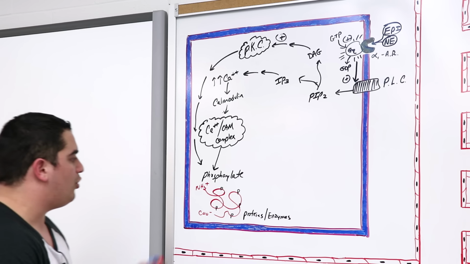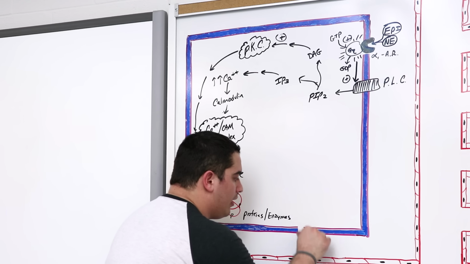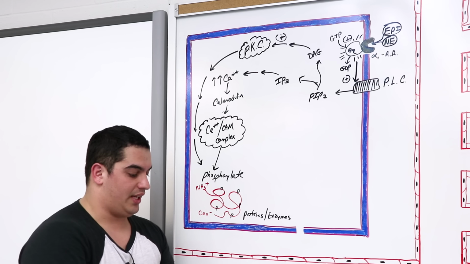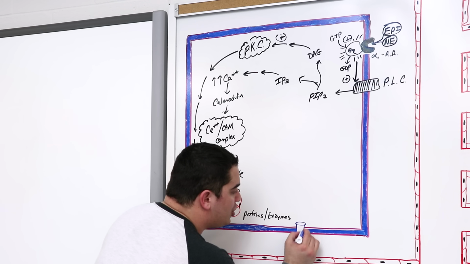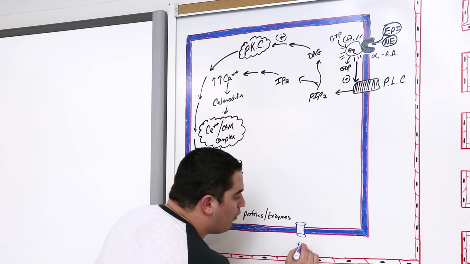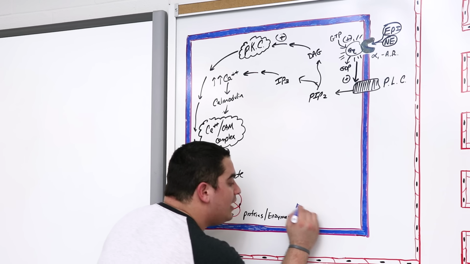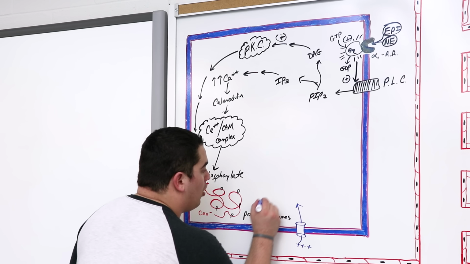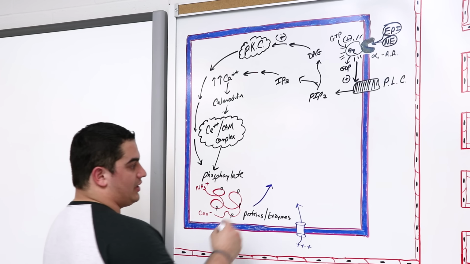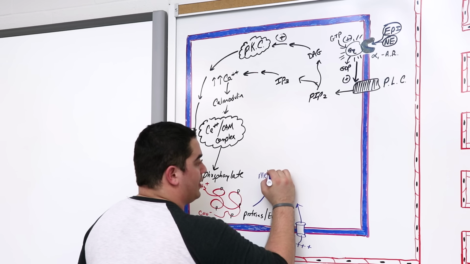And why is this important? Depending upon the tissue, these proteins might be different types of membrane proteins. And maybe this membrane protein is some type of channel. And it can allow for cations to leak into the cell. Maybe these proteins can actually go and do other different things, like certain metabolic functions.